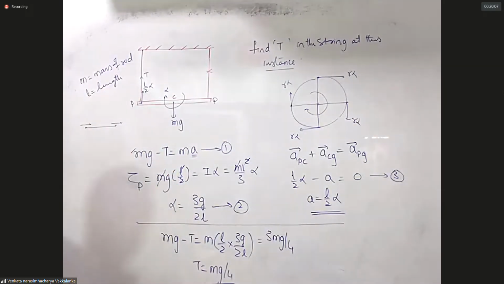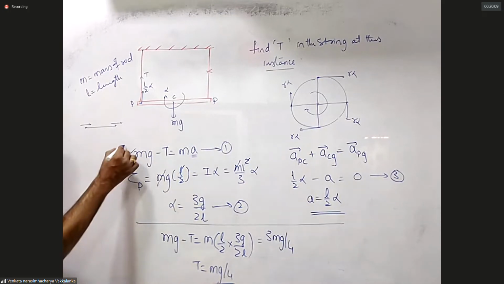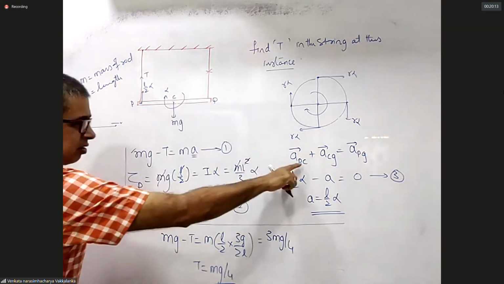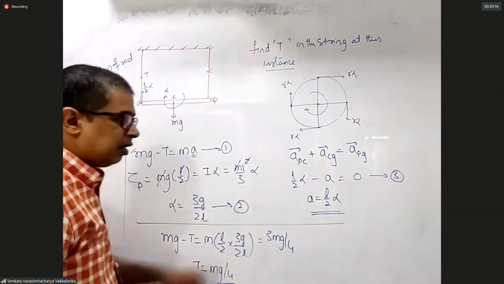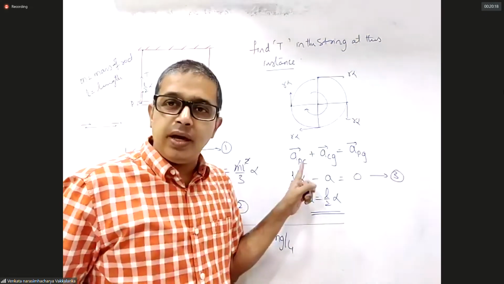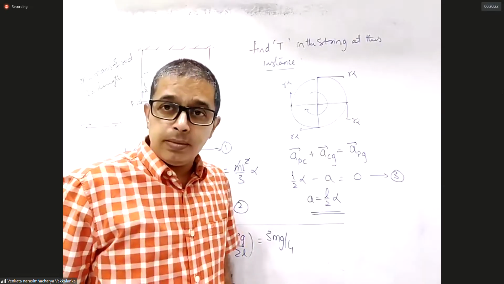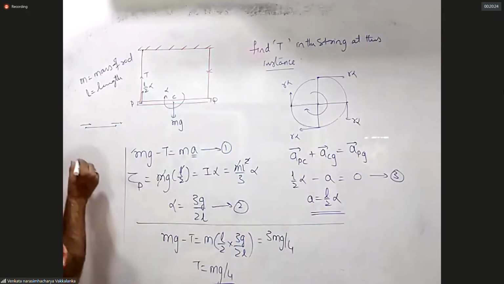Right? Now, listen all of you, 1 second. Are you able to see this part of the board? Somebody will say, why will I calculate acceleration of point P? I want to calculate acceleration of center of mass. Have a look.